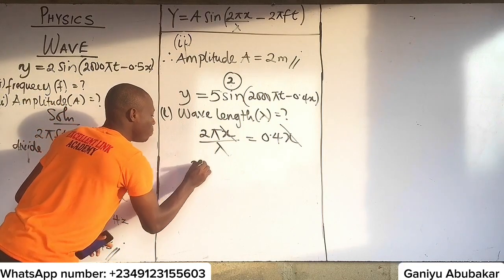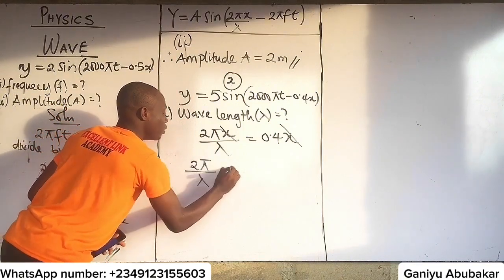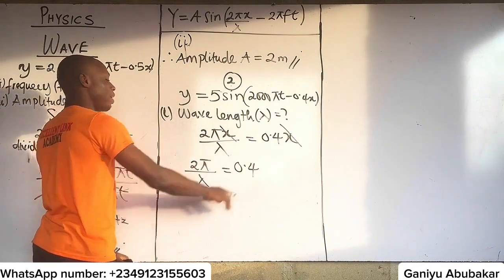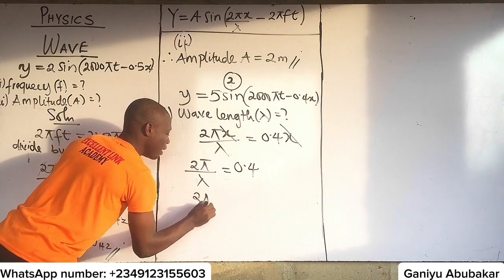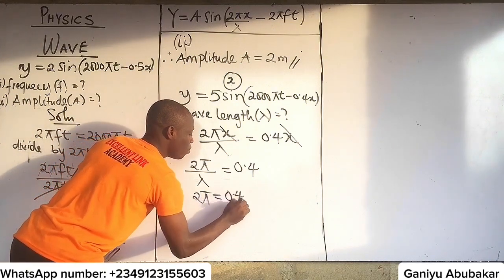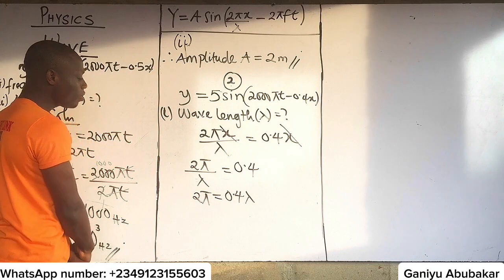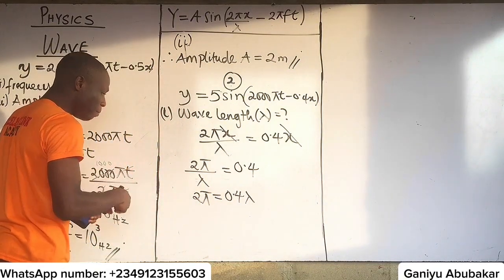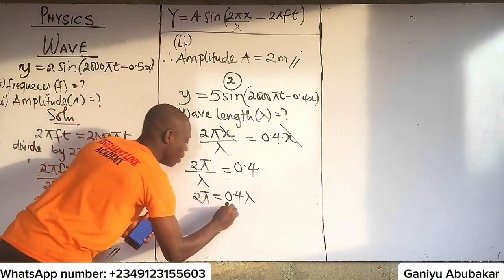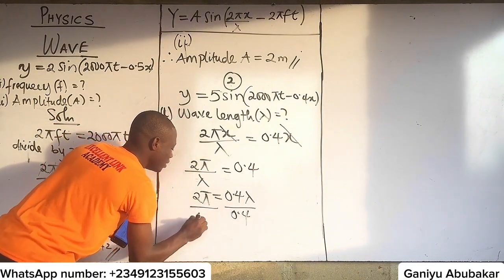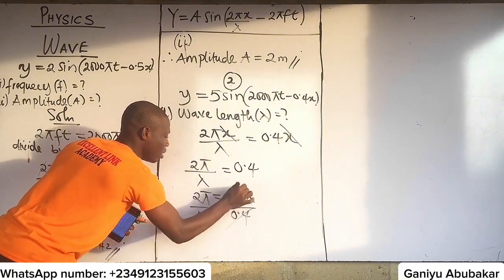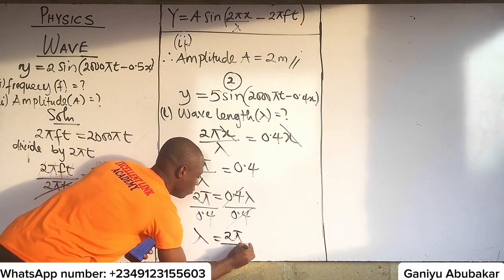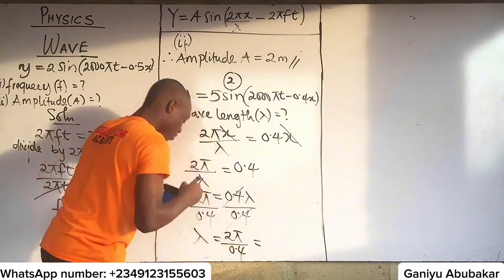So I'll have 2 pi over lambda equal to 0.4. Multiply by lambda, I'll have 2 pi equal to 0.4 lambda. My task now is to make lambda the subject. Divide by 0.4 on both sides, so this cancels out this. I'm left with lambda equal to 2 pi over 0.4. Give me the value.